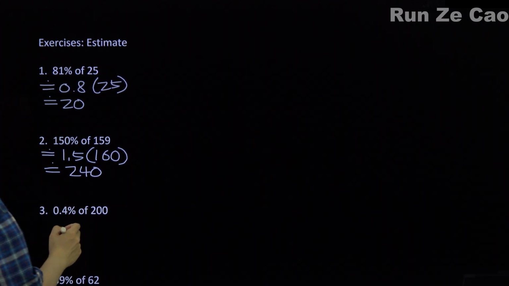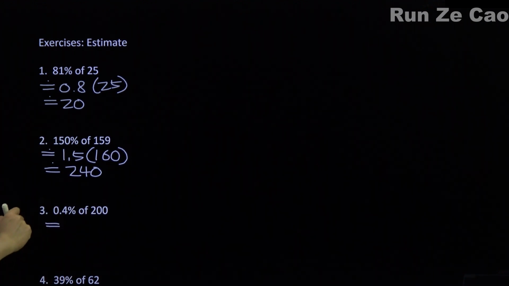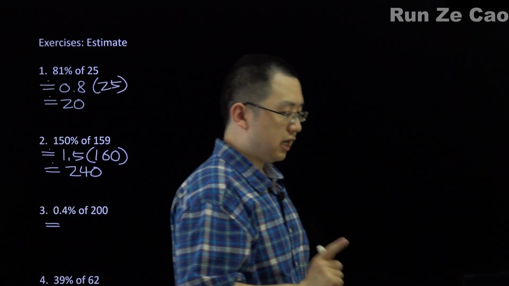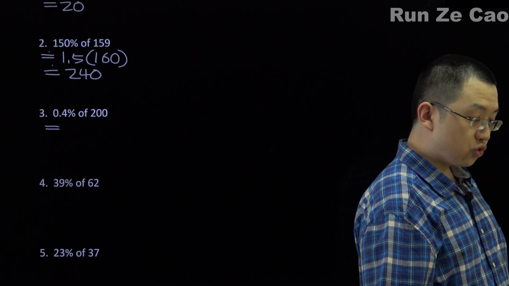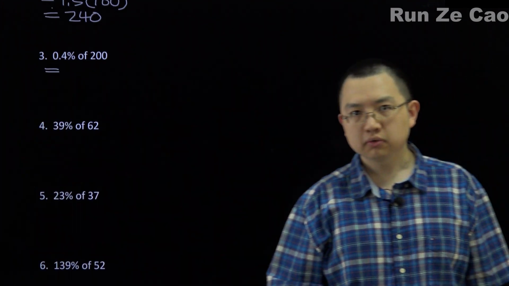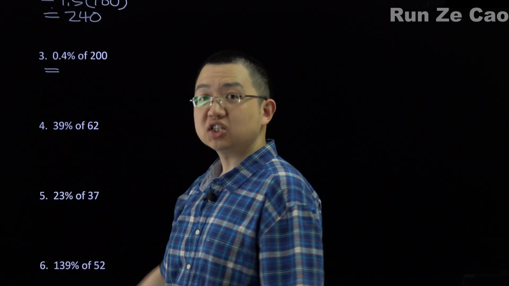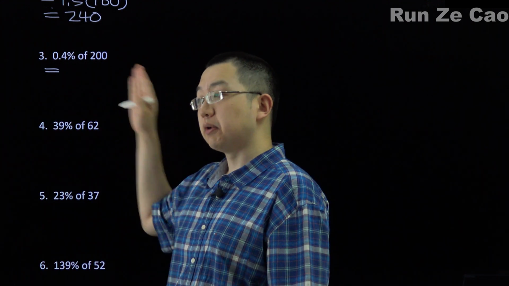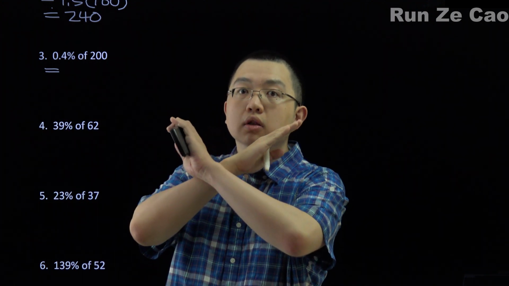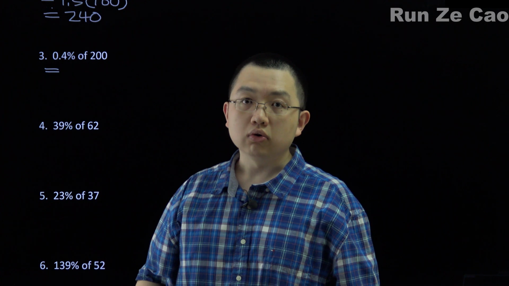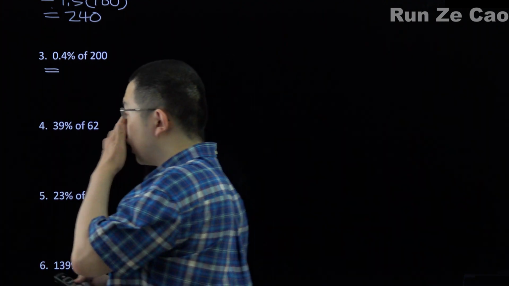0.4% of 200. Well, there are times when even if you're told to estimate, you cannot. Like when it's one digit on each that actually contains information that's not just the position, no. You aren't going to be estimating with those.